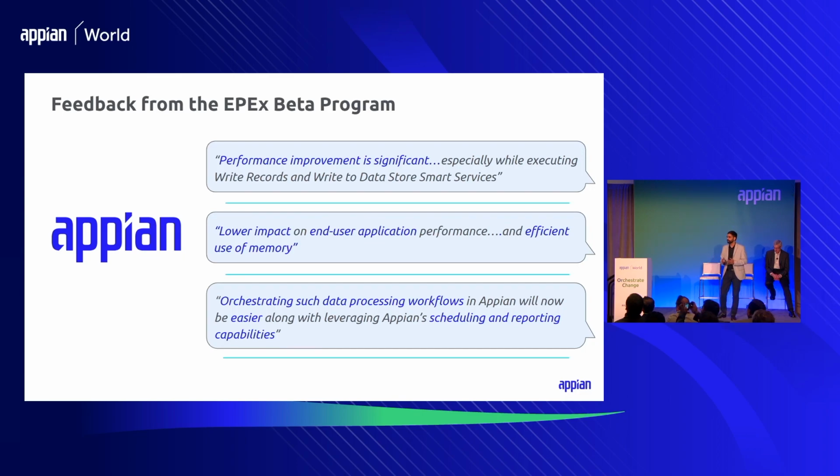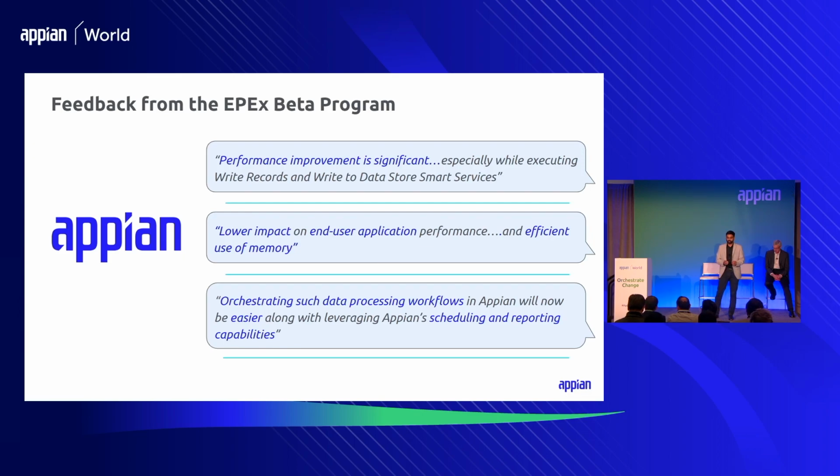You can also include the call integration smart service in this, specifically for service orchestration use cases. They also saw lower impact on the end user applications and also efficiently used resources. This is particularly attributed to the isolation of process execution that Mark was talking about earlier, where your end users are less affected when you're running high processing orchestration in the background.